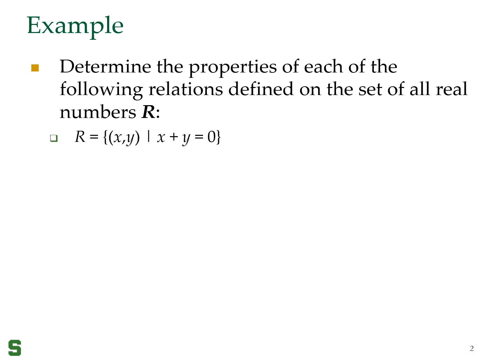So let's look at some examples and see whether these relations are reflexive, symmetric, transitive, equivalence relations, etc. So here we have x, y, where x plus y is equal to 0.